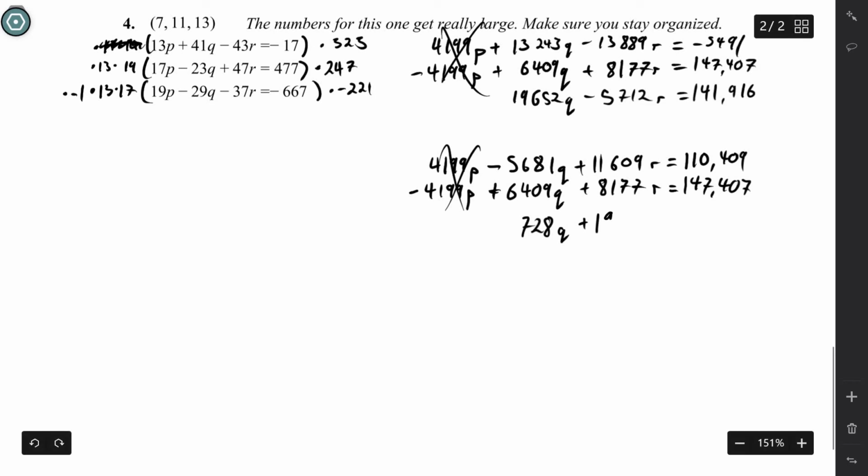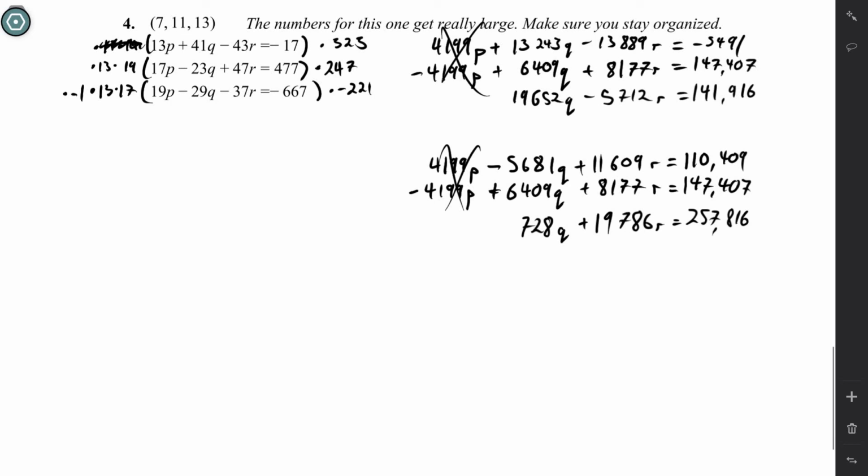That's 19,786 R. And that equals, whatever this one equals, 110,409 plus 147,407. That equals 257,816.